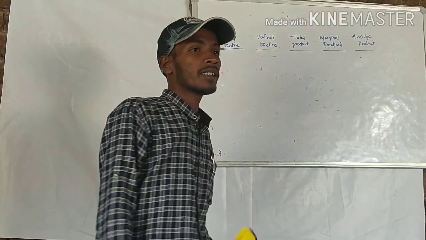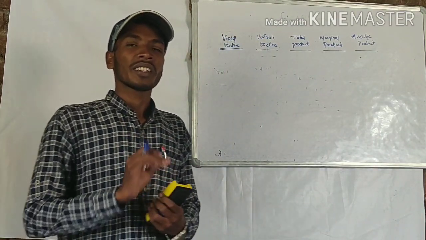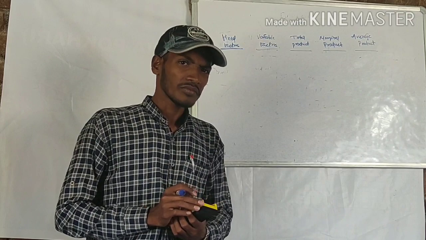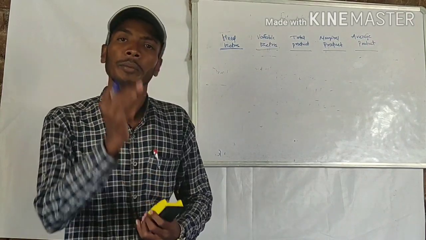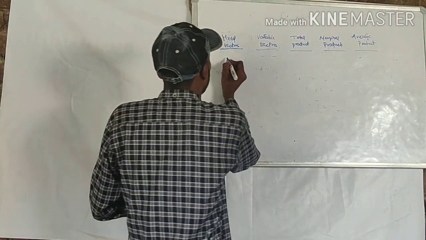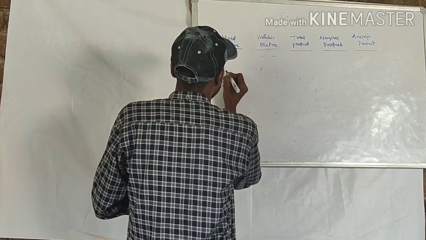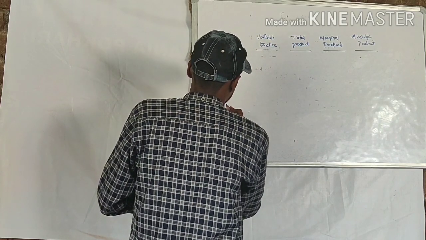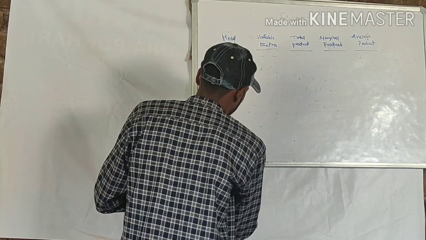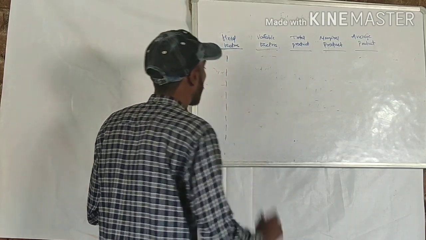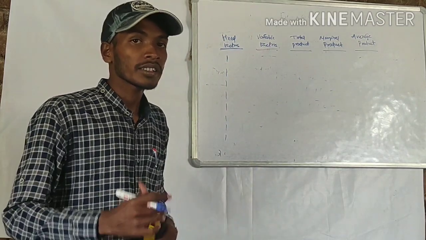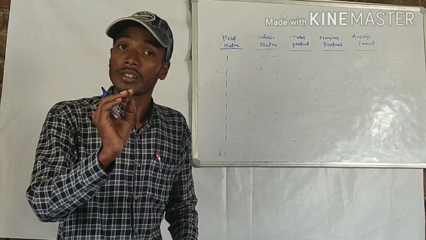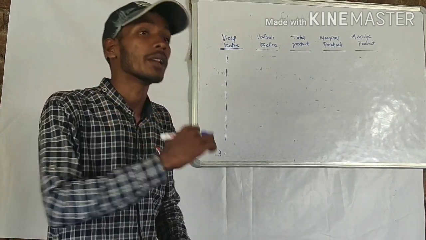Fixed factor means inputs are fixed in nature in production. Variable factors, try to understand this. What is the fundamental idea of the law of variable proportion?